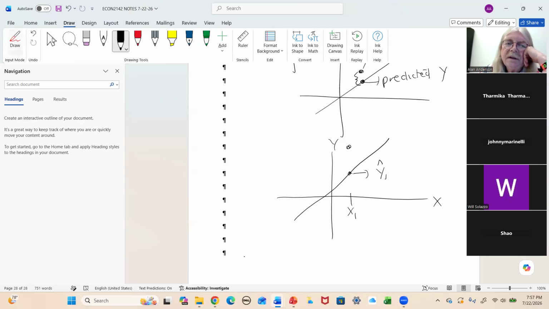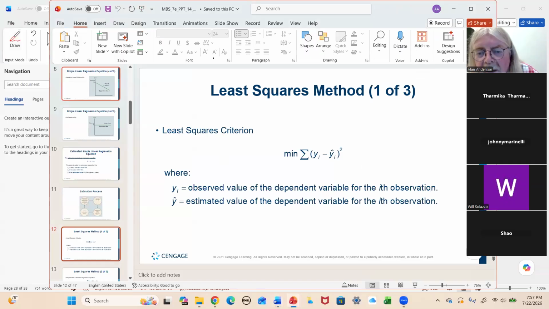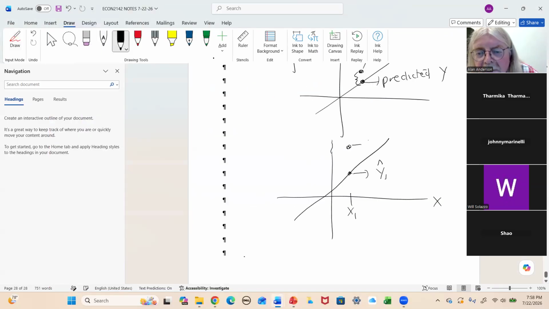The actual y up here is known as simply y1. So the little pointy hat means this is an estimated y.